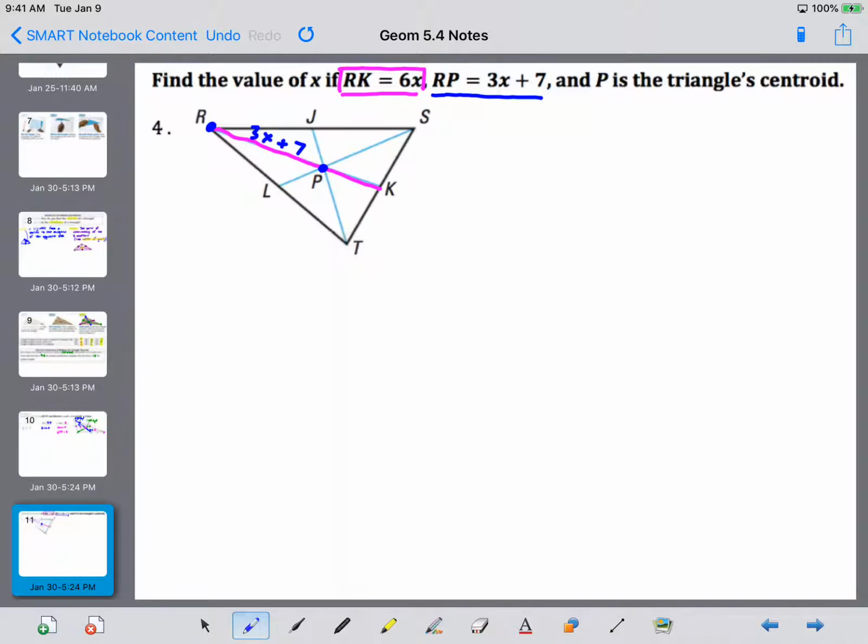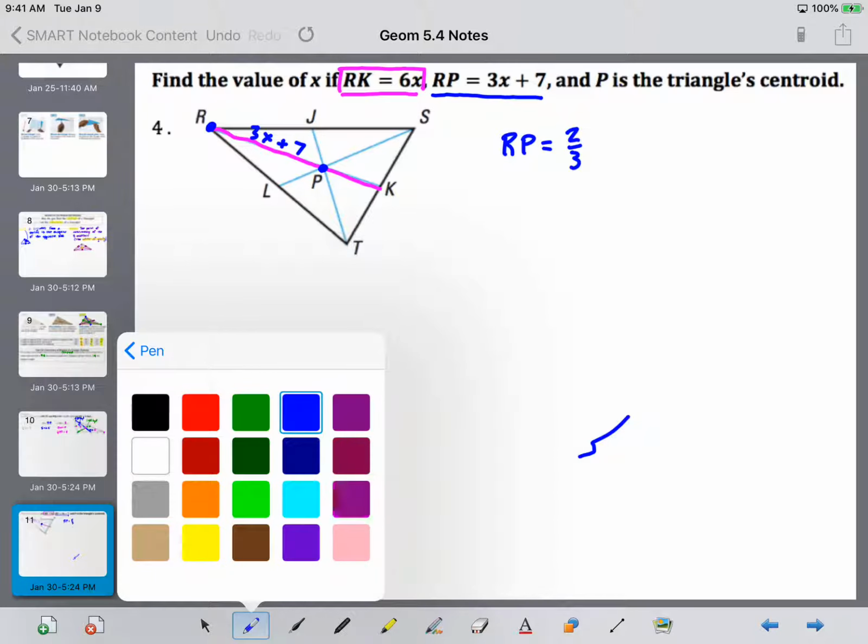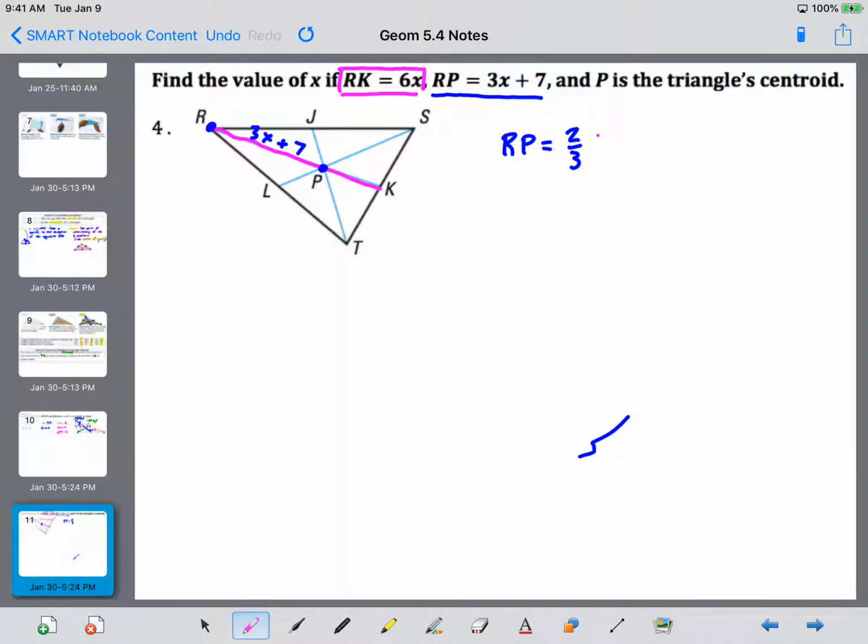Well, we know from that theorem 5.8 up above that RP is equal to 2/3 of the entire length, which the entire length is RK. And we have some expressions for each of those.